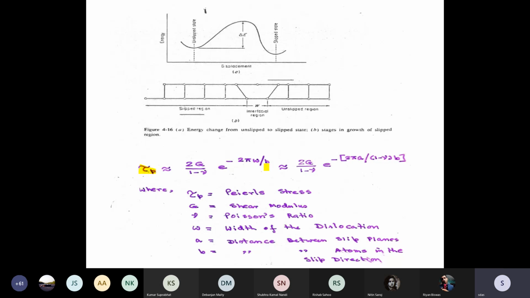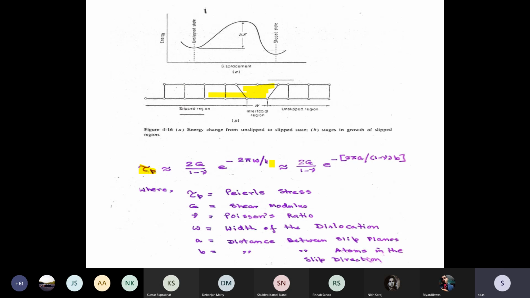What is w? W is the width of the dislocation, meaning the width of the region of localized lattice disturbance.